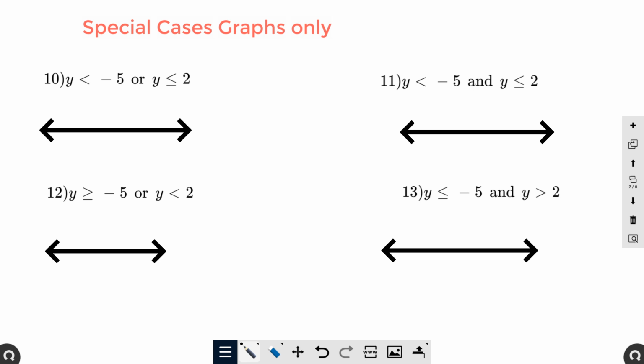All right, last thing is some special cases. Go ahead and copy down all of this. We're just going to be making 4 different number lines in case these things appear. So what's going to happen if we have these? And the numbers are the same.